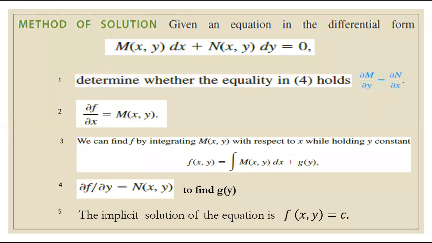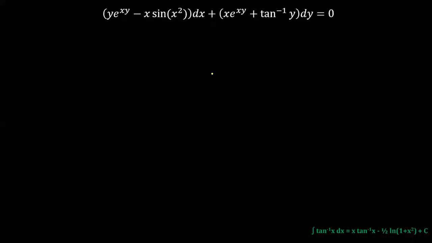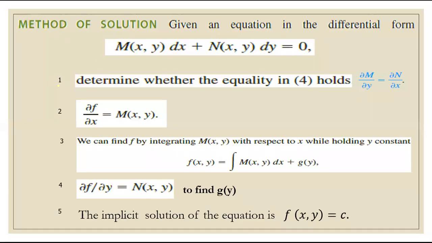And let us go and try to solve this equation, which we studied now. It is exact. Okay? So here the solution. First step, let me go back to my slide. Let me read the steps before I start solving the problem.